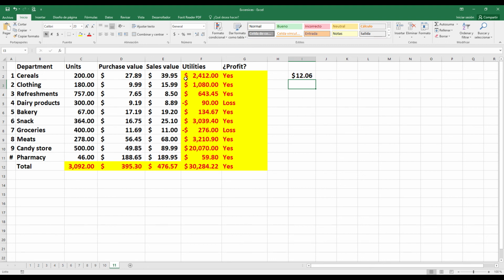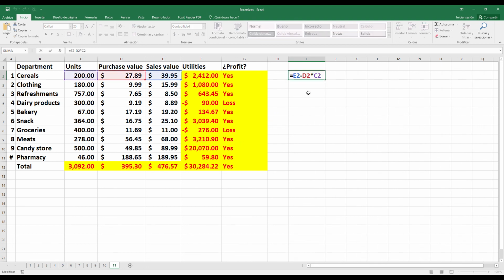So you multiply that by the units, but this is a mistake. Remember priority of operators. So you need to put a parenthesis here to calculate the subtraction first.